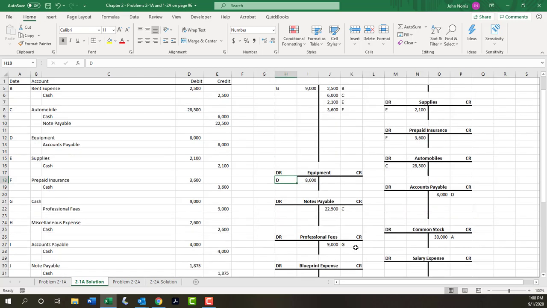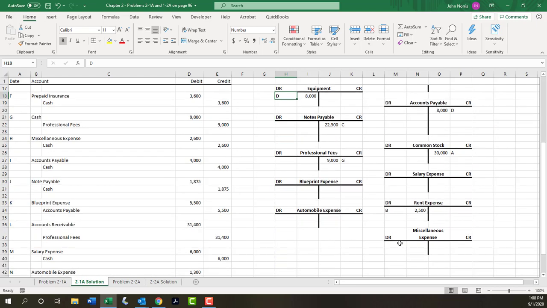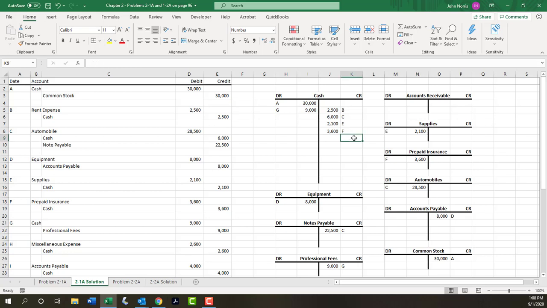H is the miscellaneous expense, and we paid cash for that. I is the partial payment on the equipment that we bought on account, and we paid cash for that.